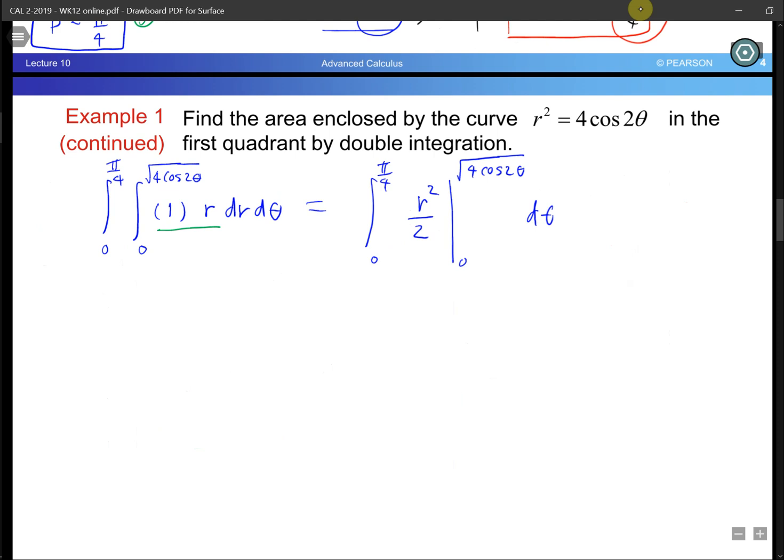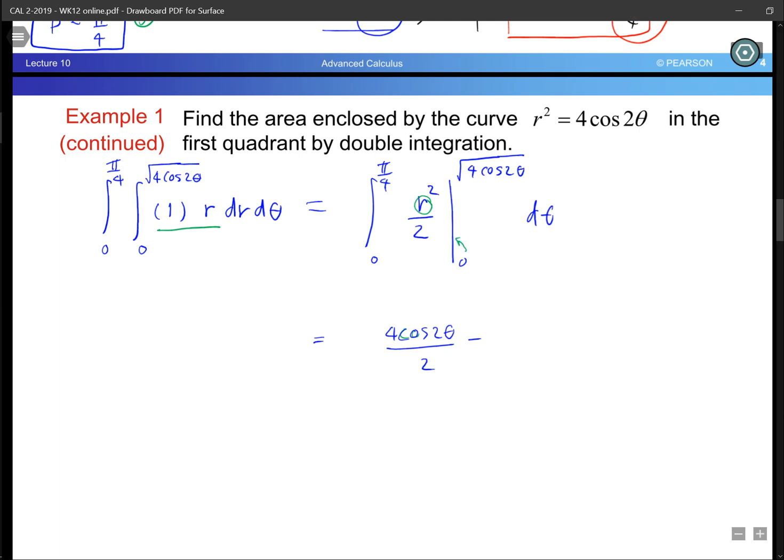Okay, let's put everything in. So the square root of 4 cosine 2 theta goes to here and it gets squared, so I get just the inside of the square root, 4 cosine 2 theta divided by 2, minus another value, 0 goes in.